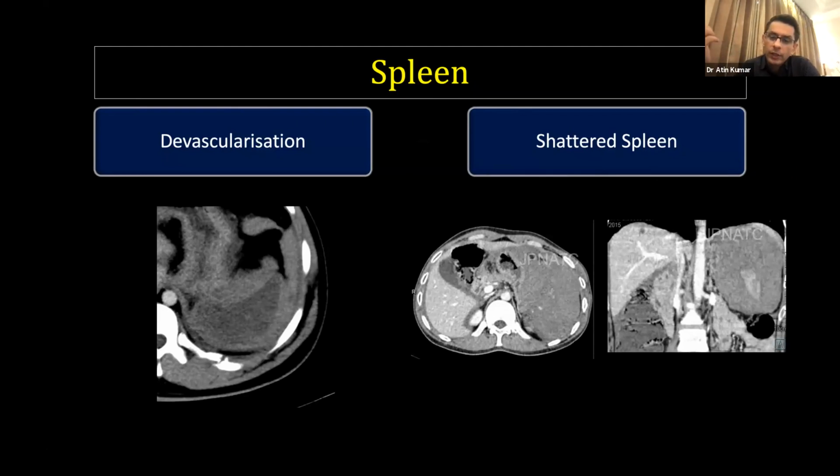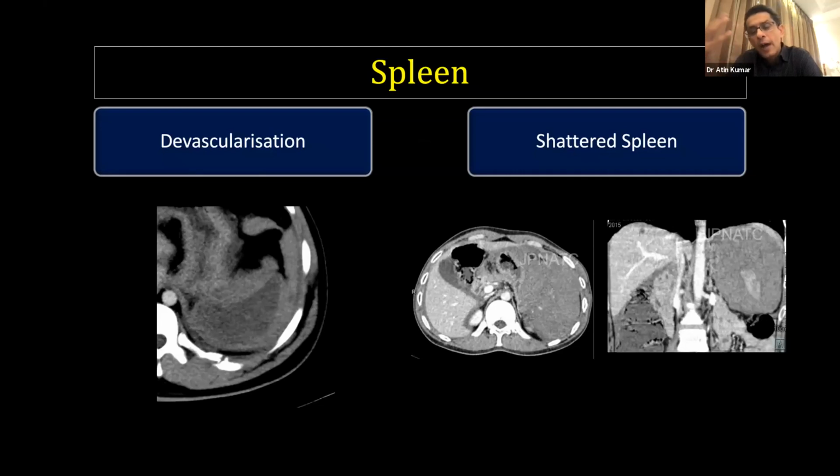What's the importance of these grades? It just signifies that the higher the grade, the more likely the patient may have difficulty undergoing conservative management. Conservative management is the key which is done nowadays. We try to do more conservative management rather than operative.